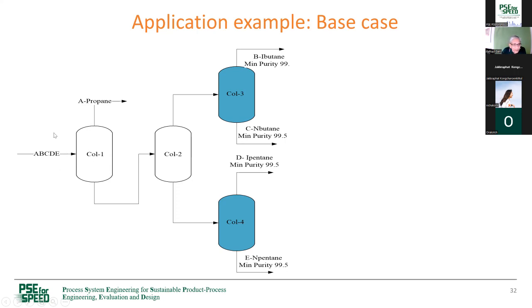It starts after the demethanizer and deethanizer: propane, then butane, isobutane, normal butane, isopentane, normal pentane. So these are the compounds. We first remove propane, and then from this column, the two butanes are taken up, the two pentanes are going down, and then we have a separation of the butanes and the pentanes.